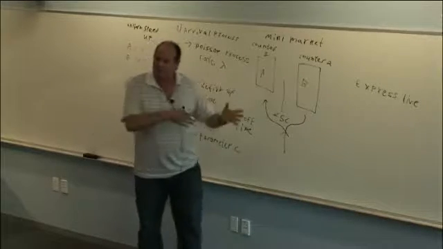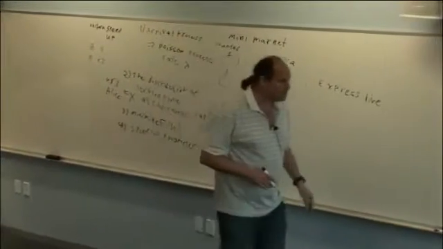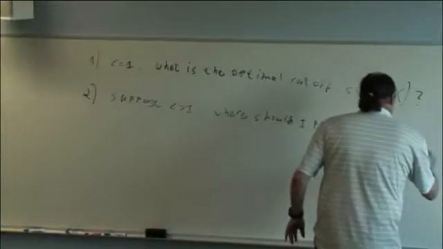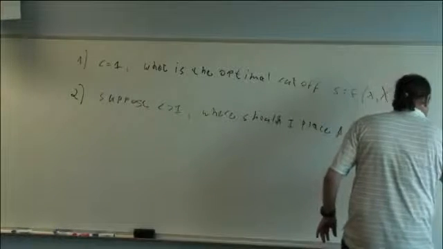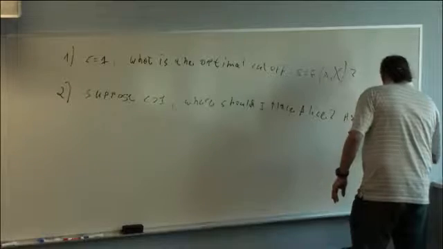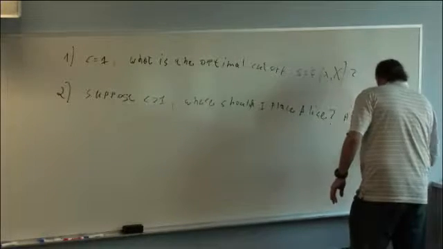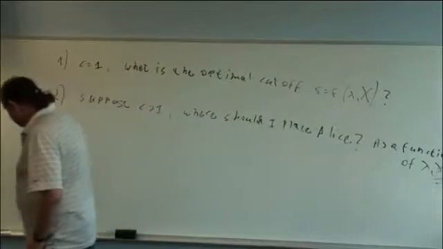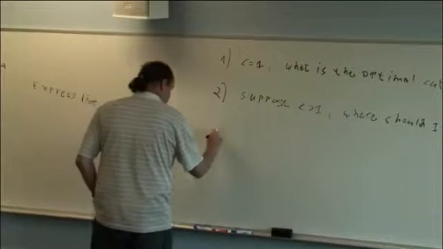Maybe I could do better by moving Alice around. And again, as a function of lambda, and you should really think about x. That's a parameter that will interest us more.